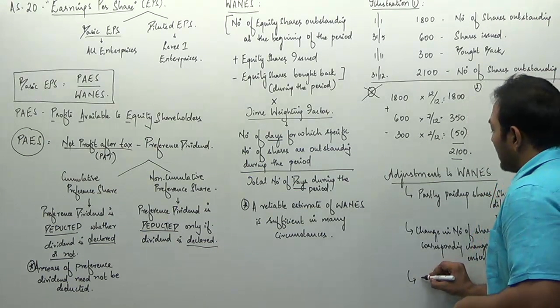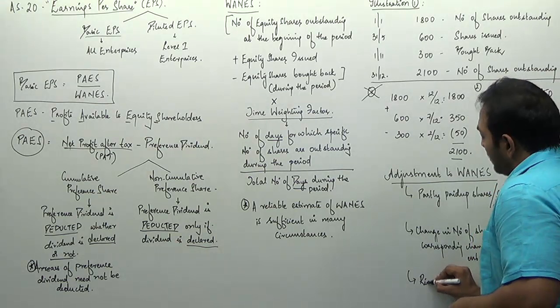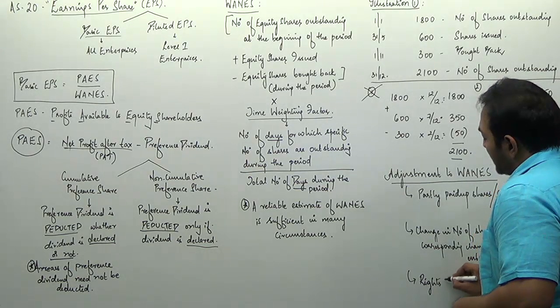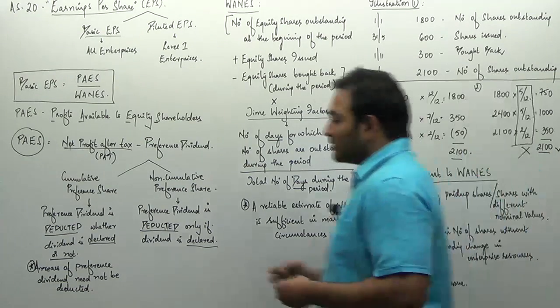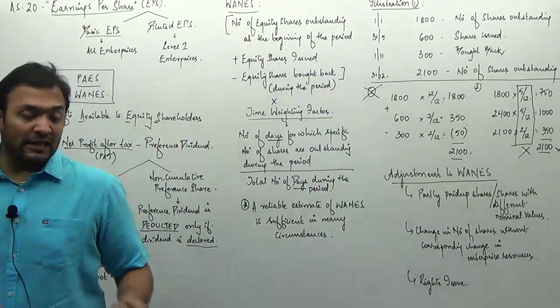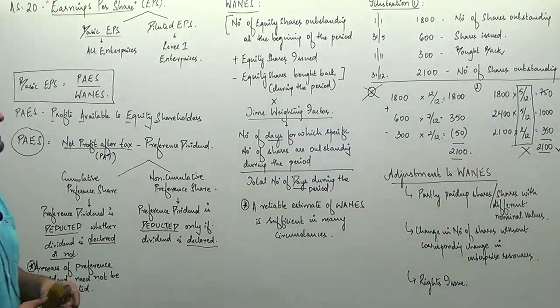And the last and final one is adjustments with respect to rights issue. These are the three adjustments in weighted average number of equity shares which we have to understand.